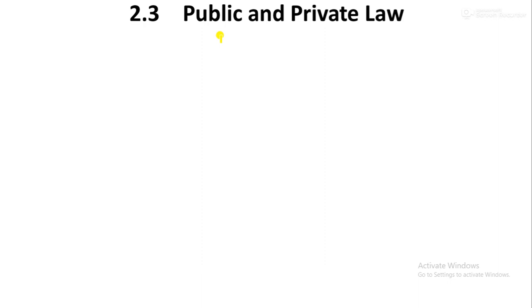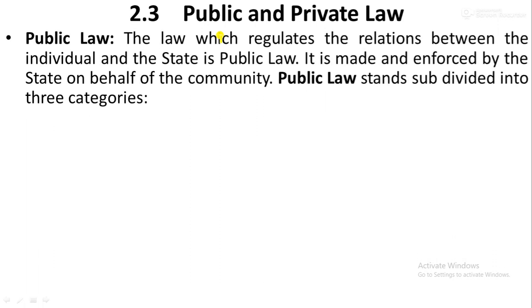Government law means it is related to government officials, or it is related to formal organizations, formal branches or bureaucracy. And private law is related only to citizens, only private people, only individuals, only persons, right? Then public law, look here. What is public law?